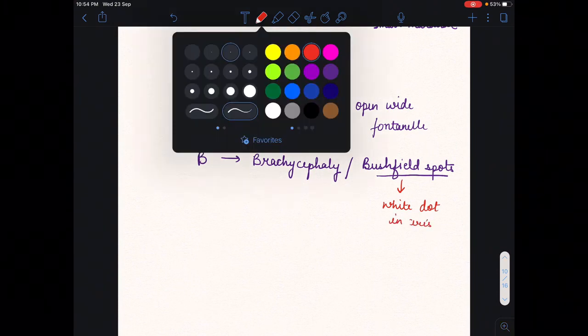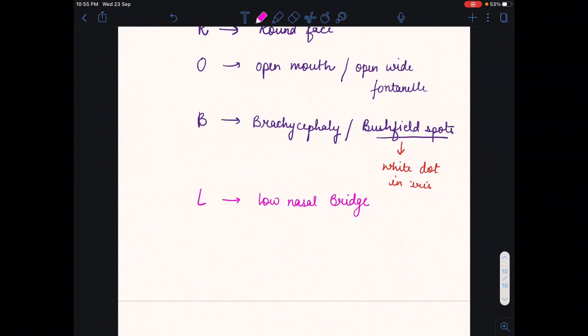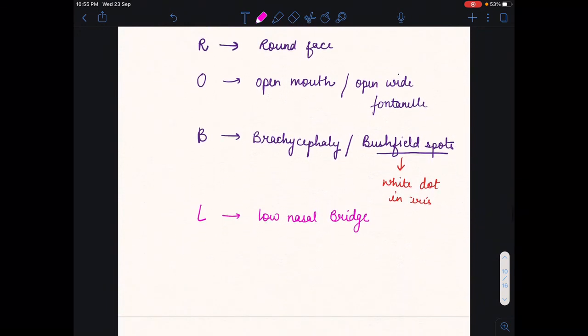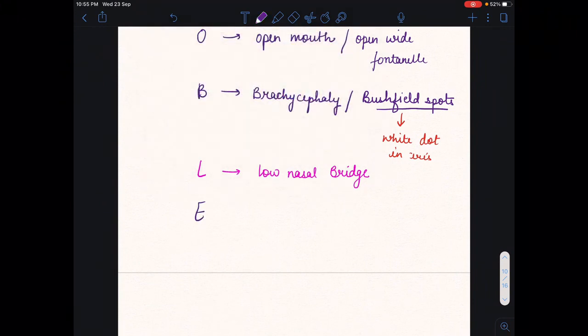And after B, L for low nasal bridge. At the end, after this trick, I will show you photos and tell you what we mean by low nasal bridge. After L, E for epicanthal folds.